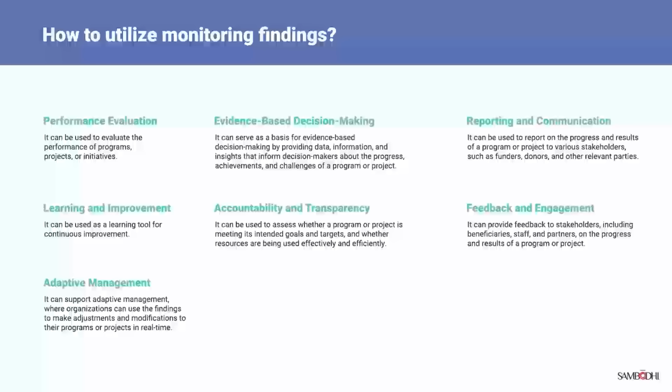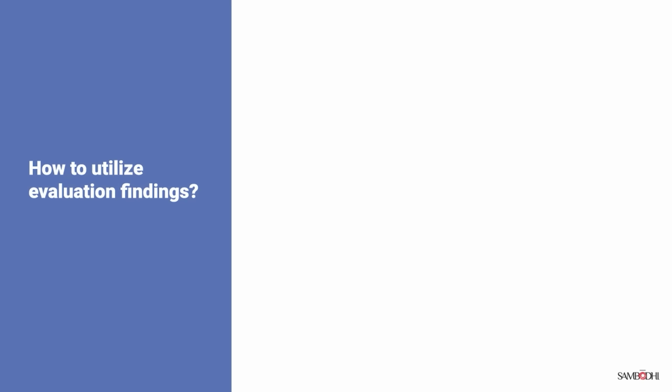Finally, it can support adaptive management, where organizations can use the findings to make adjustments and modifications to their programs in real time. Utilizing evaluation findings is essential to ensure that the evaluation efforts are meaningful and have an impact on decision-making. Following are some ways to utilize evaluation findings.